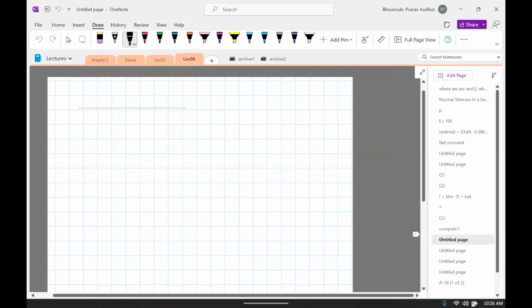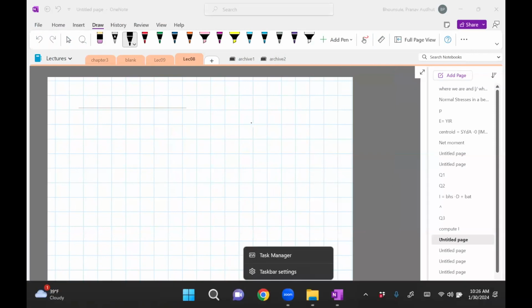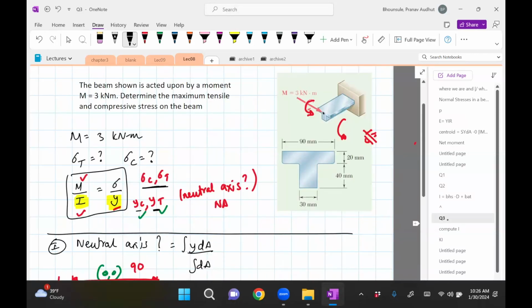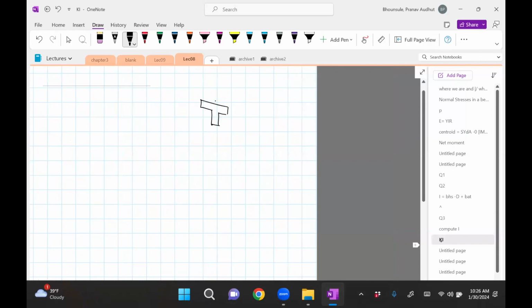We have this T section. And if you look at this, the moment is this way, counterclockwise.